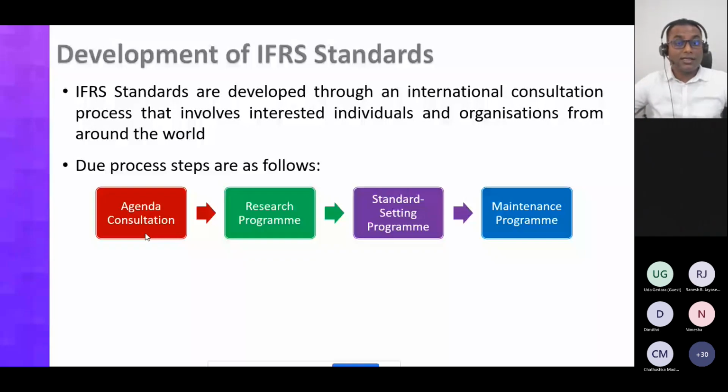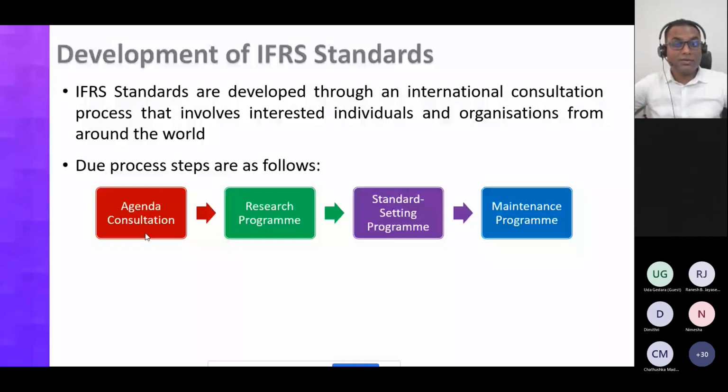Then under the research program stage, you do additional research work. You find out what the problems are in detail. You review the problems and identify the possible solutions to these problems, right?